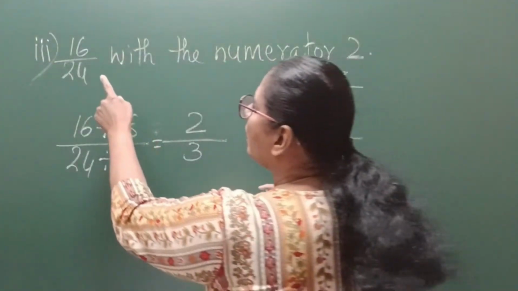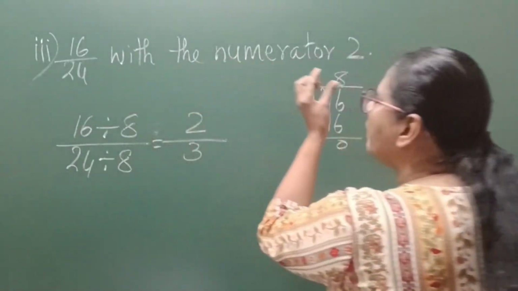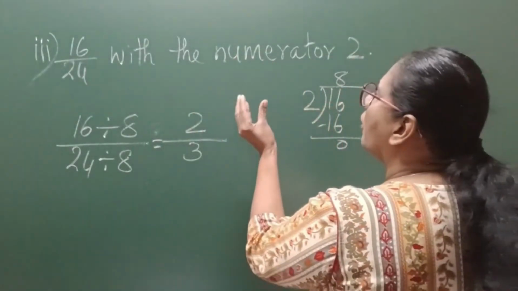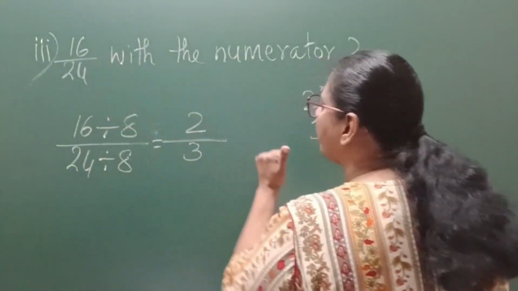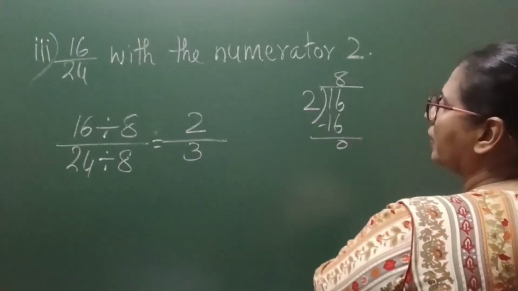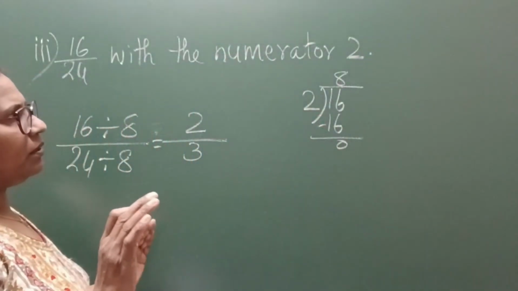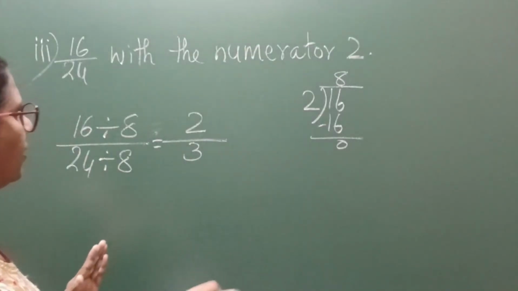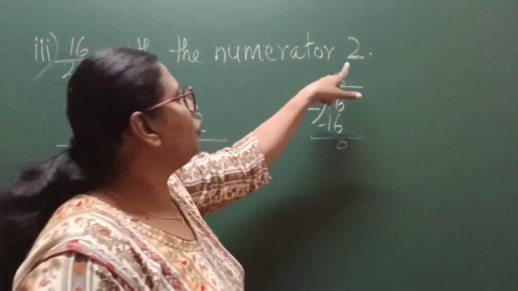Once again, 16 upon 24 is the given fraction. We have to find a new fraction which is equivalent to 16 upon 24. The numerator is already given. We have to find only the denominator. To obtain the new denominator, we divide 16, the given fraction's numerator, by the new numerator.